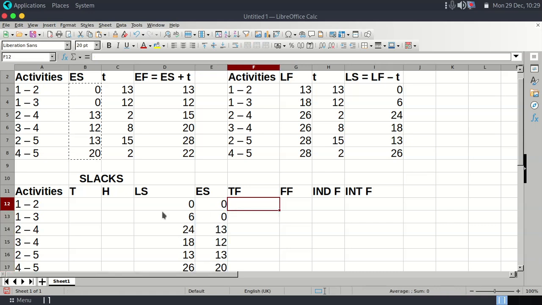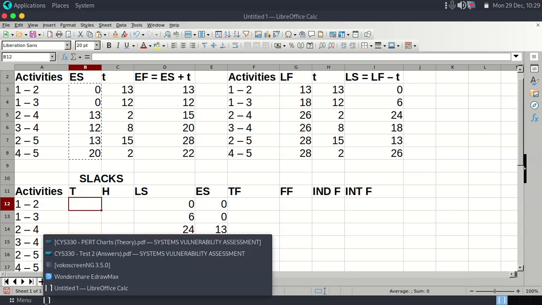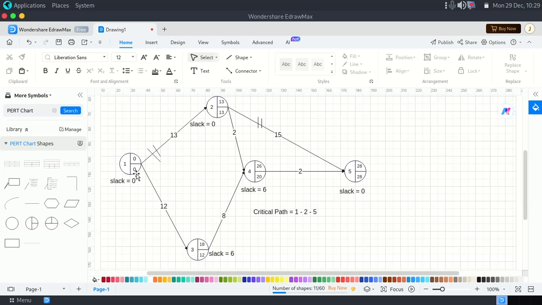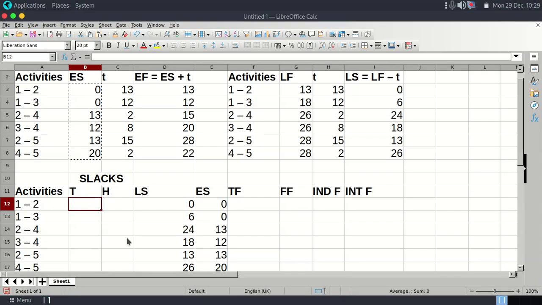Now we need to identify the tail slacks. For us to identify the tail slacks, we'll be focusing on these activities here. So we go where there's 1. What's the slack for node 1? You can see the slack for node 1 is 0. So we just put a 0 there, and here you can see this is a 1, again we put a 0.